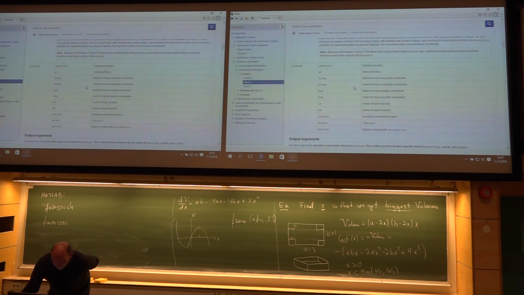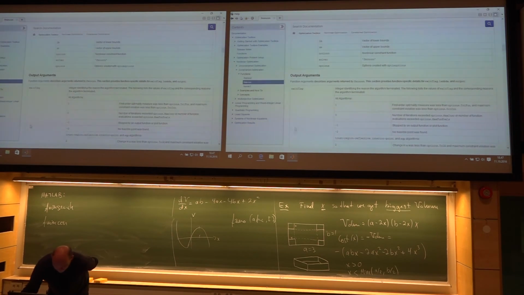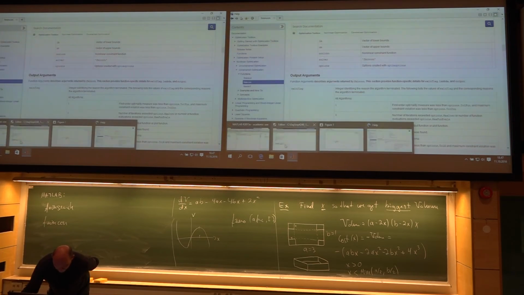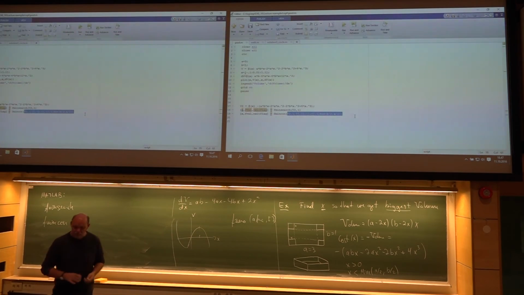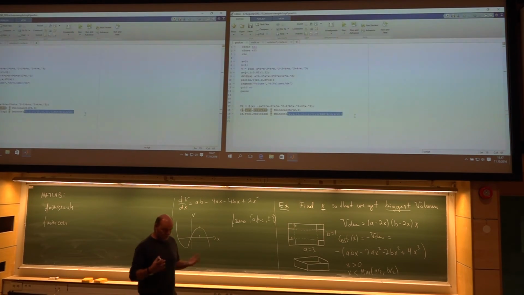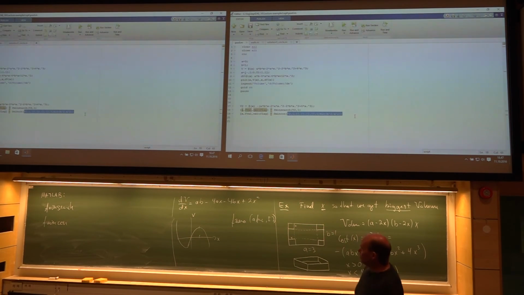Well, you can go all the way down to examples. We skip that. I can rather show you, it would be easier. Here I have the input. So there you see v2, that's the function call. 1, that is the initial guess for x0. And then I have just empty square brackets.